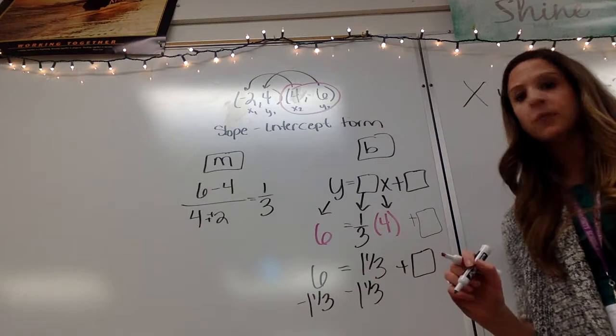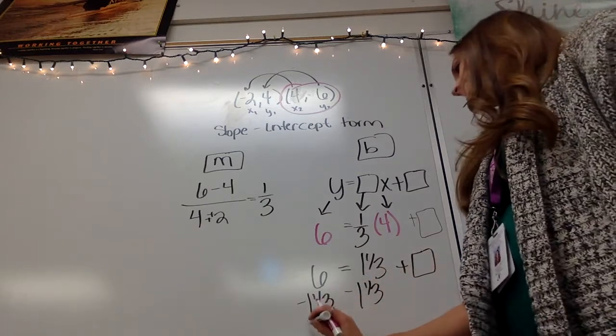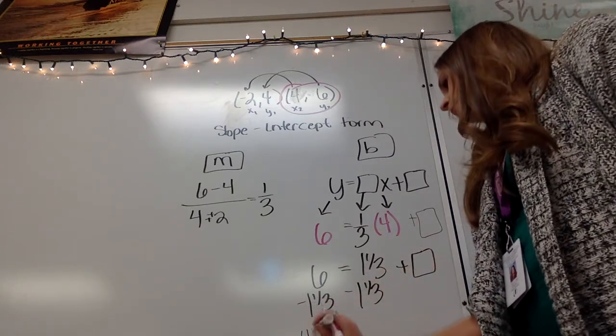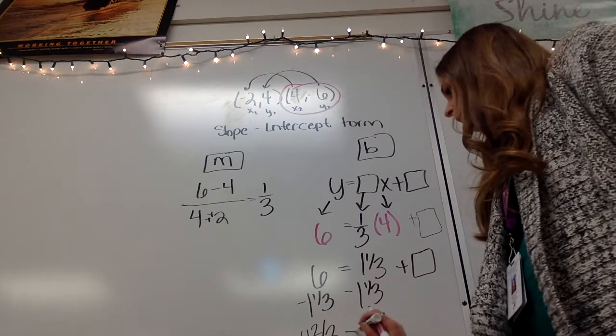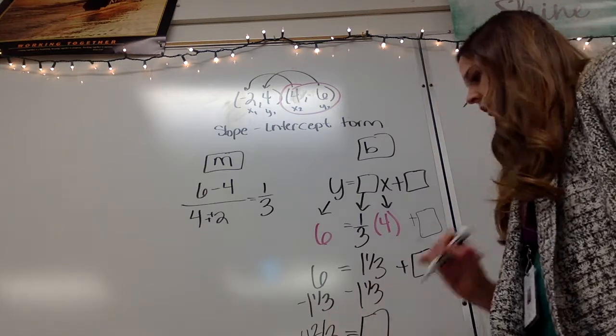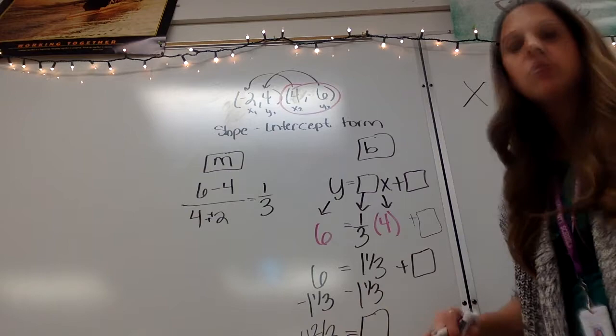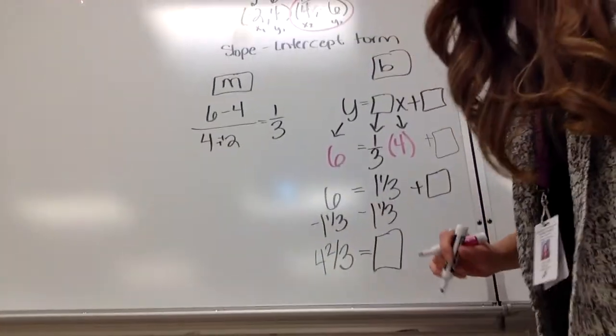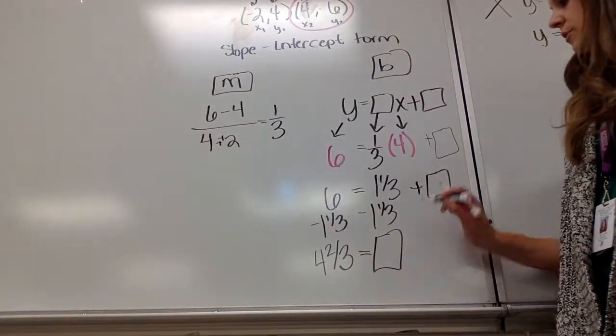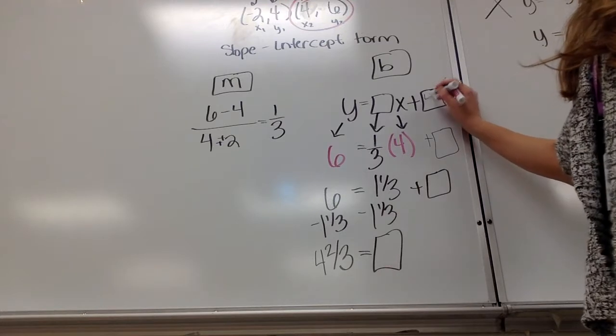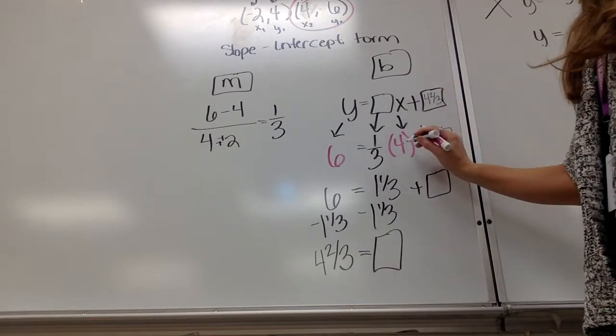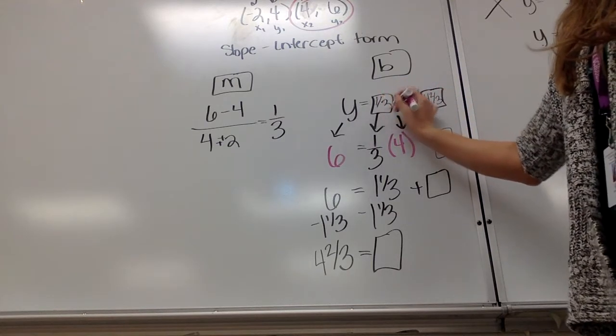So 6 minus 1 1/3 is 4 2/3. So my box value, the value that I need to plug in at the end, is 4 2/3, and my slope is 1/3.